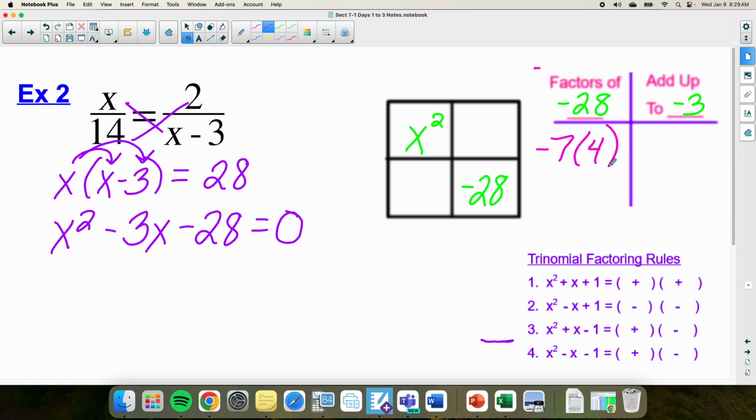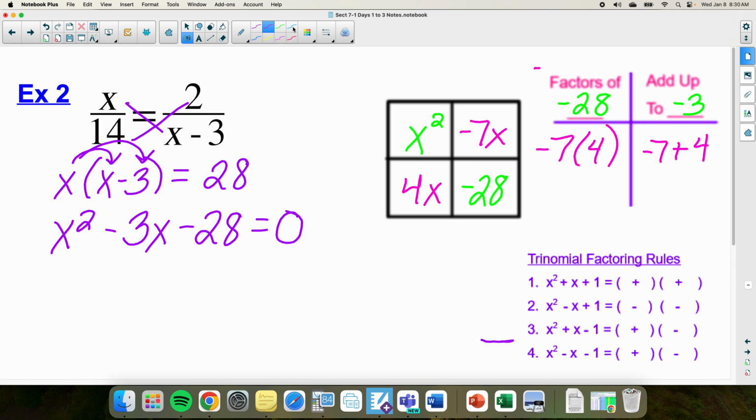That gives me negative 28, and negative 7 plus 4 gives me a negative 3, okay? So again, because this is negative, one has to be negative. Because your answer is negative, that tells you the bigger number has to be negative. So now I'm going to make one of these negative 7x and one of these 4x, and it doesn't matter which one you put where.